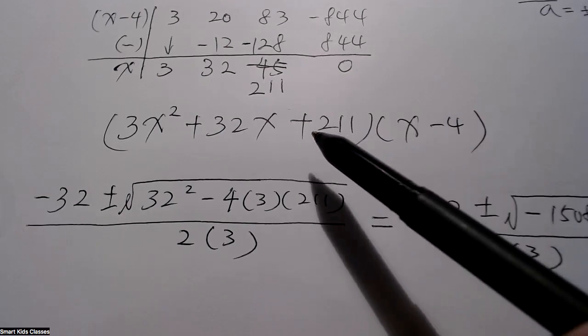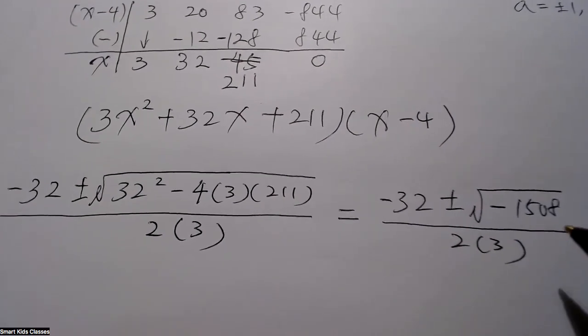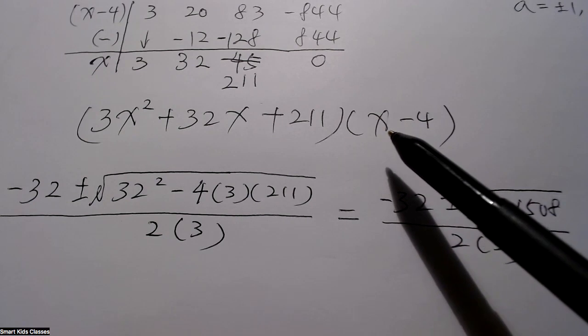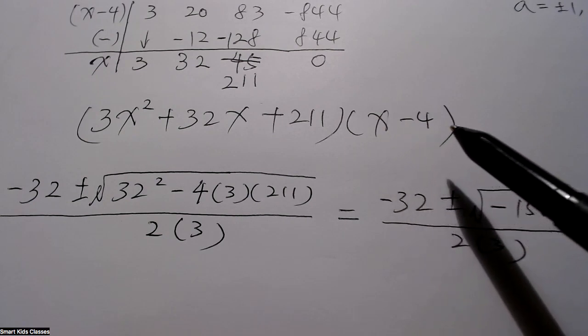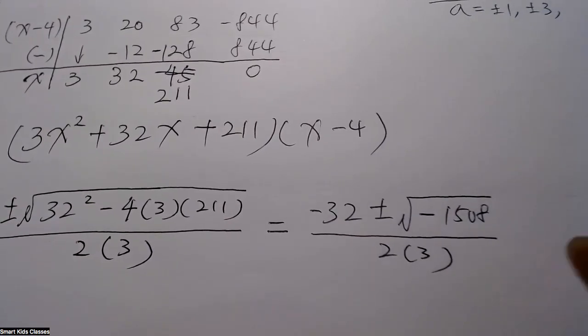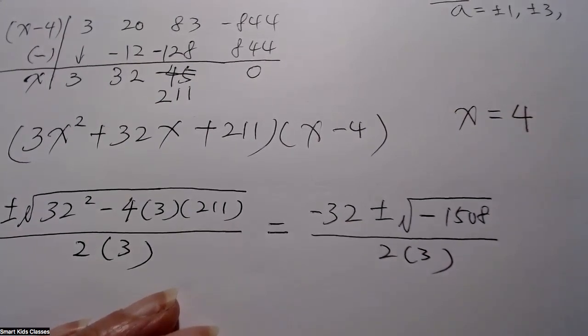Now we apply this into the quadratic formula and we find there's a negative inside the root. We can't solve it, so it's unfactorable. Therefore, only x equals 4 is the dimension of the volume for the thickness of the vein. So we're going to write x equals 4. It's the final solution for the dimension of this volume.